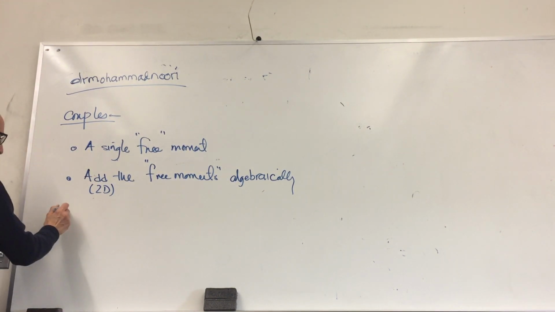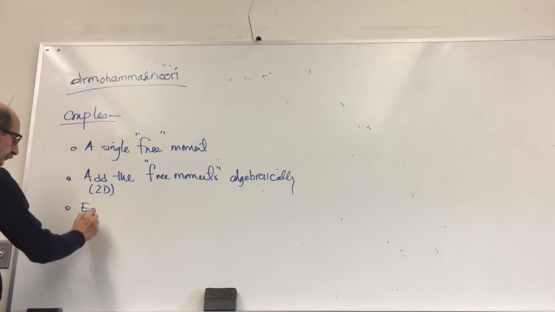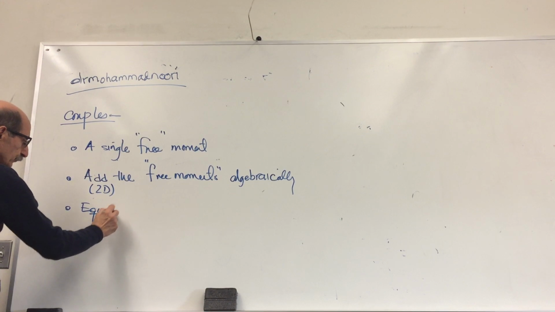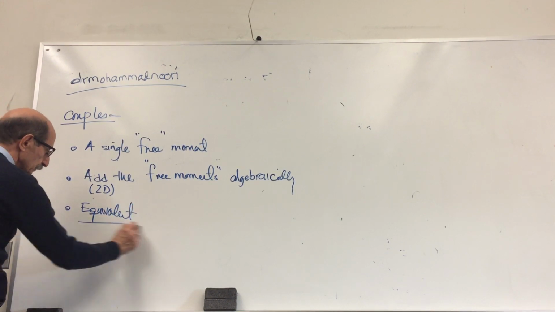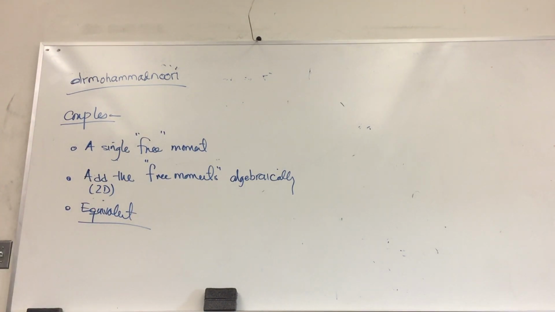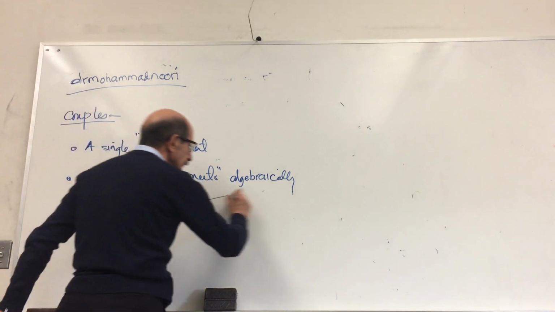And then equivalent system, which was the most important conclusion resulting from introducing the concept of couples, and that meant what?